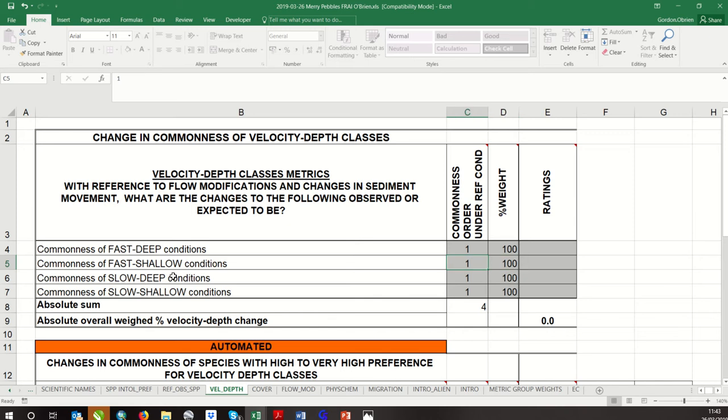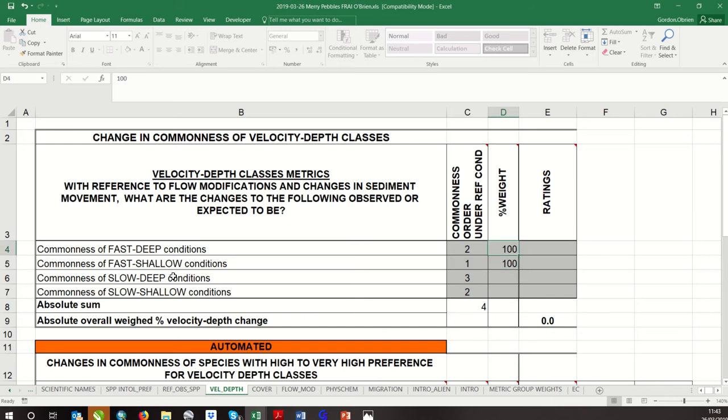Okay? But now what I'm saying is 1 and 2, you could even do it like this. You could even say 1 and 2 are very important. Do you understand? Okay, but what I'm going to do here is I'm going to say fast deep is not as important, and I'm also thinking that during low flow periods you won't have as much fast deep, but fast shallow is always very important.